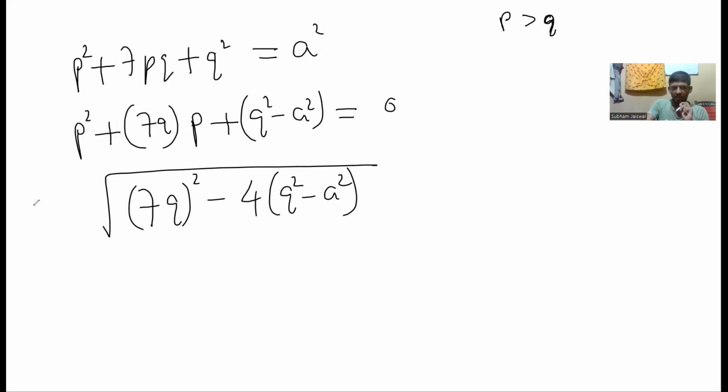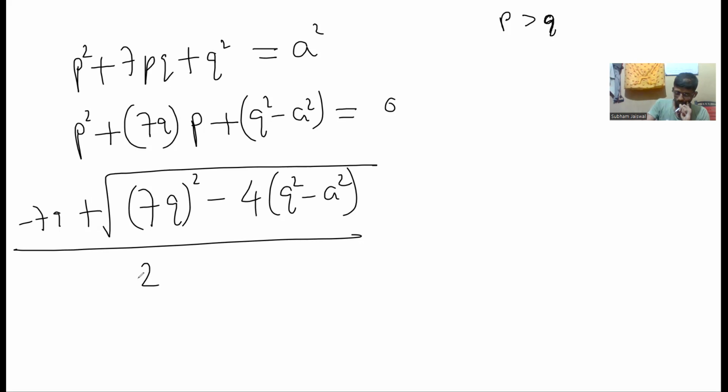Because the roots of the quadratic would be this, and minus, but minus is not possible here. P is positive, prime positive. Okay, like this has to be P. If you really solve the quadratic, this has to be P. So for this to be an integer even, this has to be a perfect square, right?